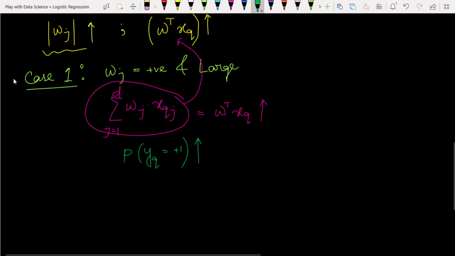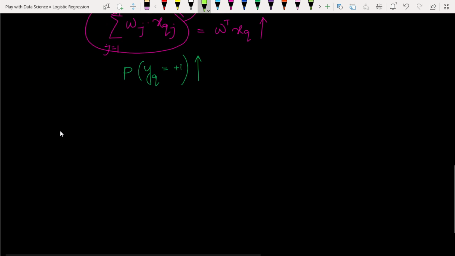I think in case 1 you are all able to understand: if Wj is positive and large, then the multiplication with the query point is also positive and large, and the probability that our query point belongs to the positive class increases. Now let's consider case 2.